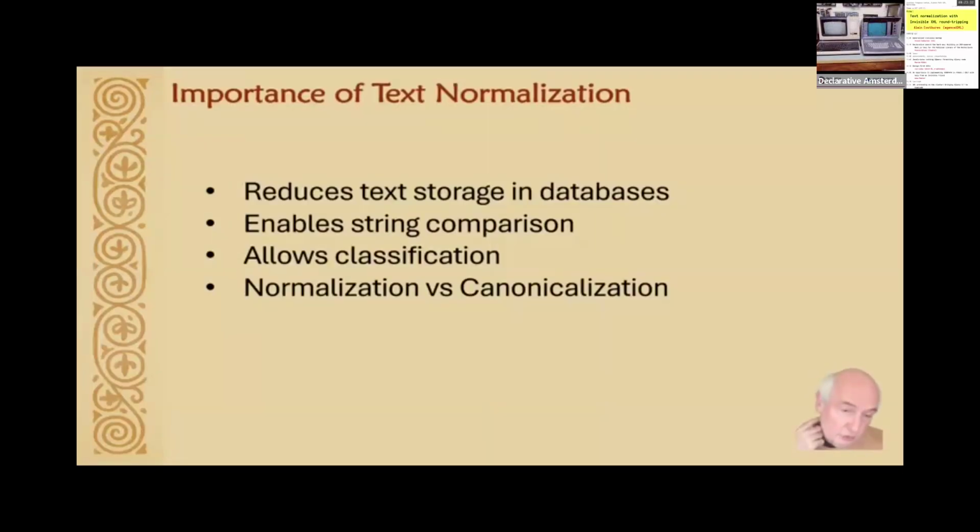It's nice also for enabling string comparisons, and it's also useful for classification. Let's consider that normalization is quite different than canonicalization, because canonicalization is about a standard defined for text values, not necessarily the shortest one.